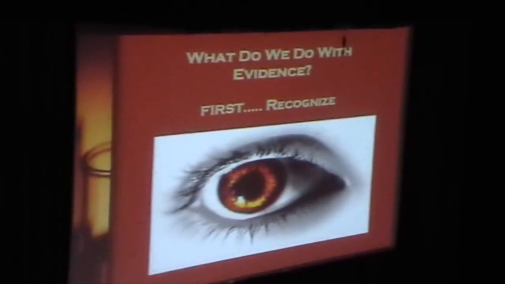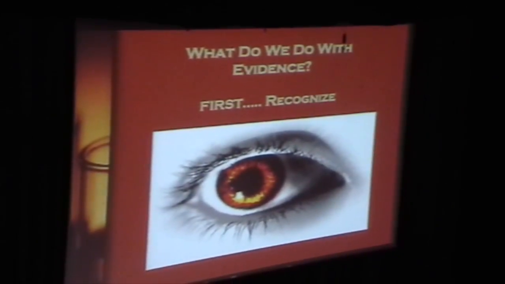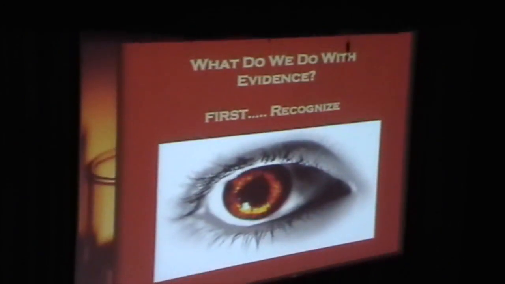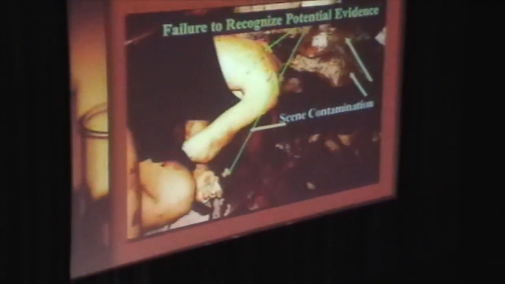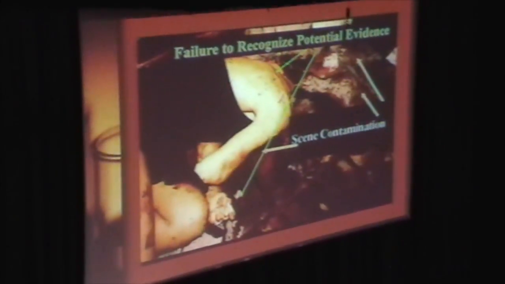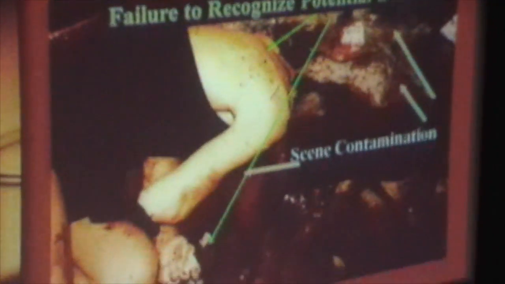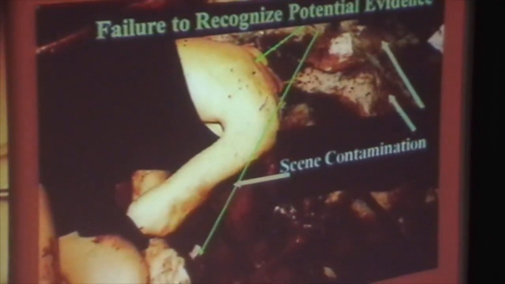That can be a huge task. Just deciding, yeah, that piece of paper is worth taking back, that is not, and we can be wrong, too. For example, in the Nicole Brown Simpson case, one of the most important things that didn't happen was that there was a blood spatter on her back that we know from photographs.